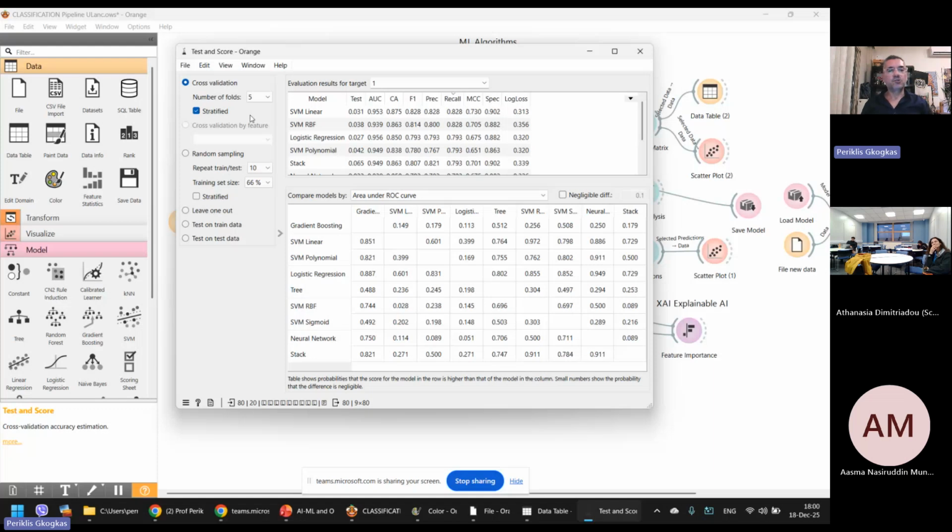So when you select this cross-validation, and usually we use 3 or 5 folds, the number of folds, the results that you see here are the results for training. These are the results for the models that are now already trained. It took this time to train, and these are the forecasting results.